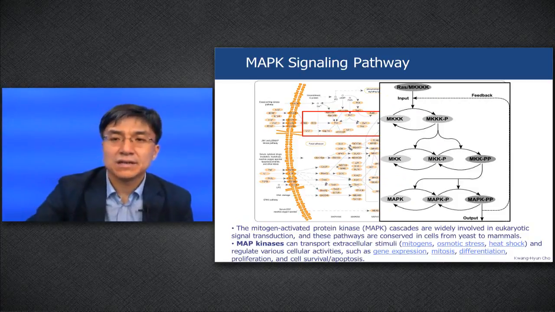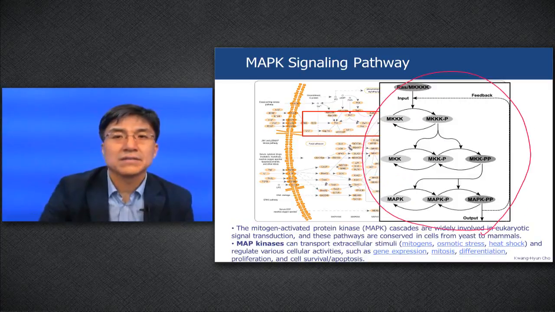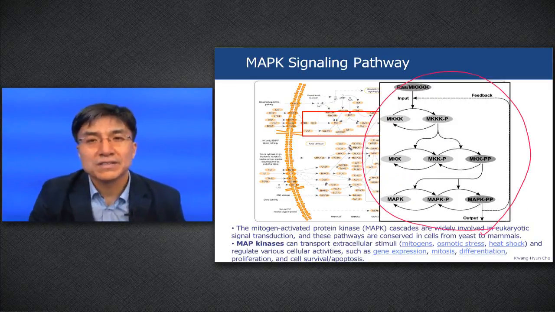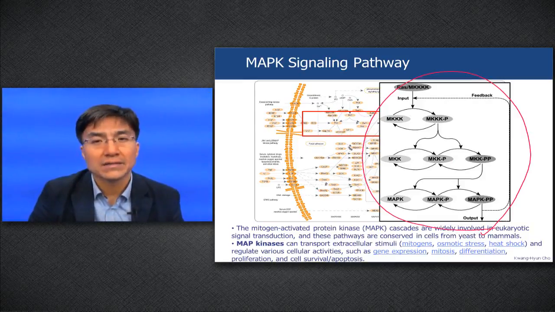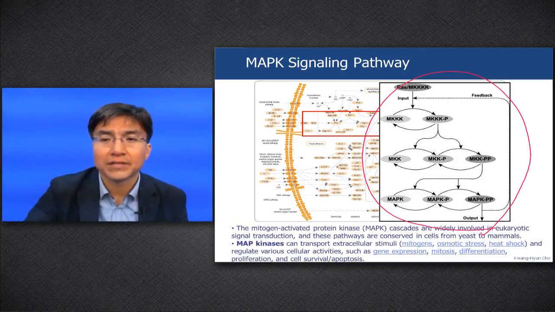So this is the MAP kinase signaling pathway that we are going to study in this lab, and using the previous mathematical modeling method, you can very easily develop the mathematical model of this MAP kinase pathway.